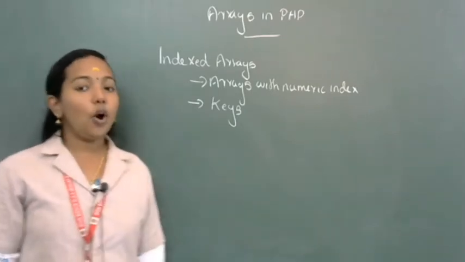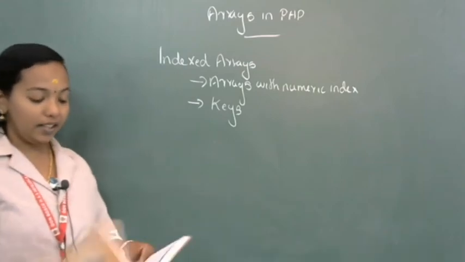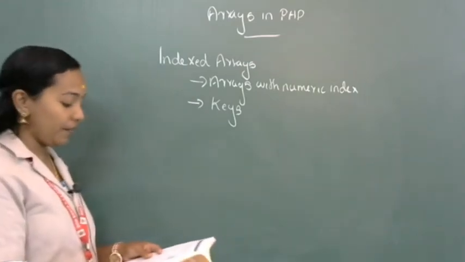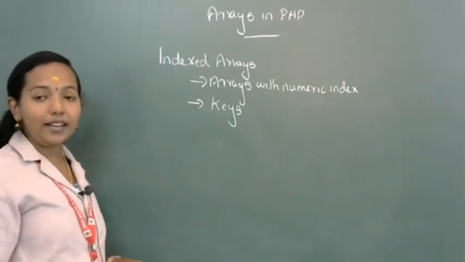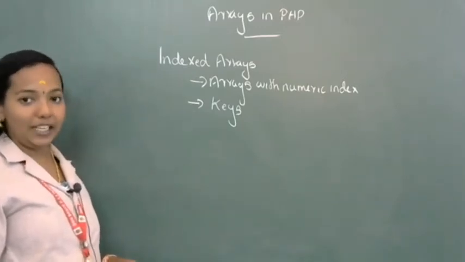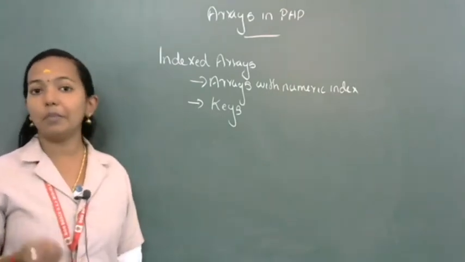By default, array index starts from 0 to n minus 1, so in PHP also the array index starts from 0 to n minus 1.